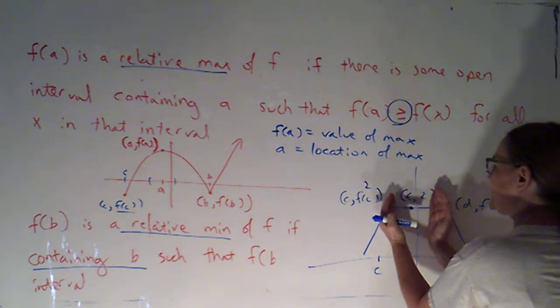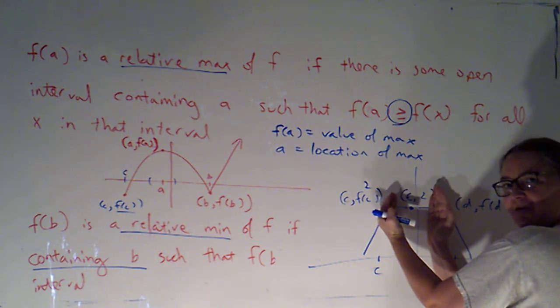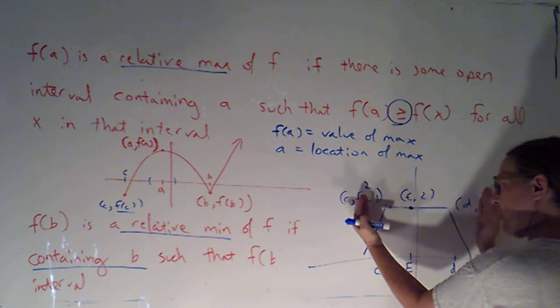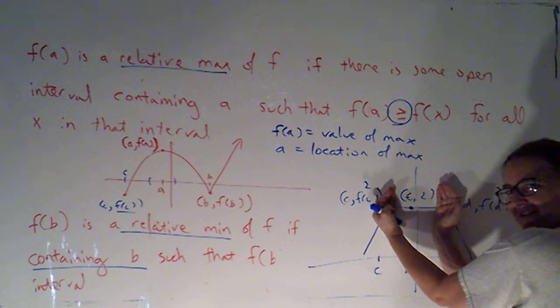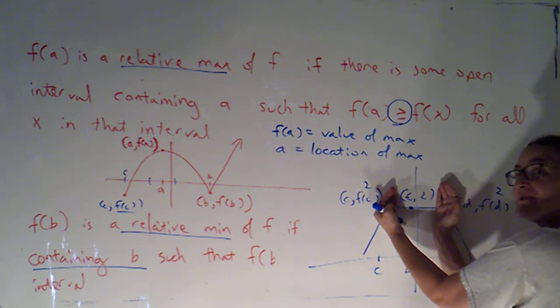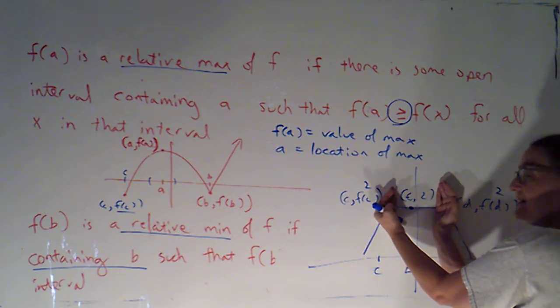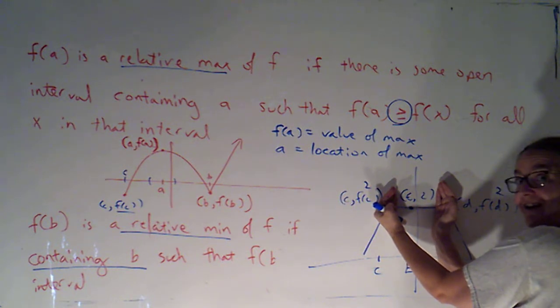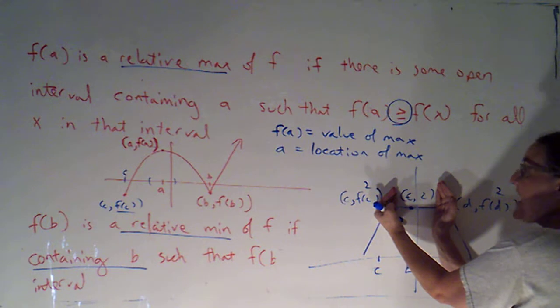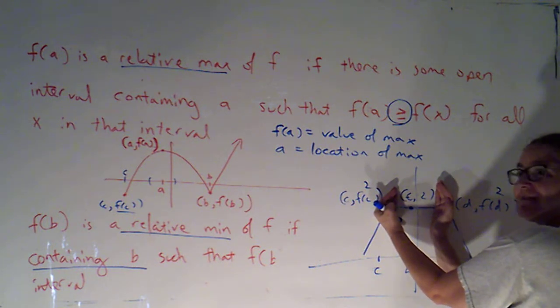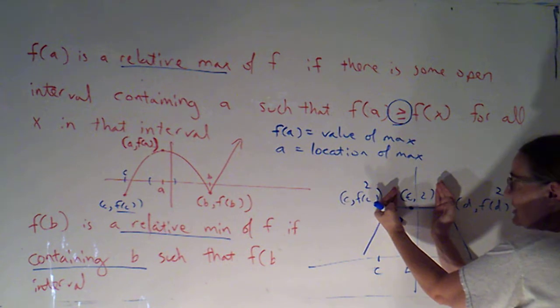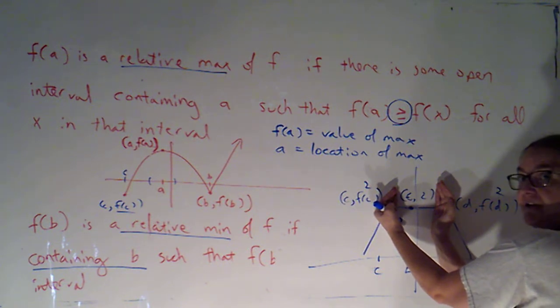Because if I look just a little bit to the left and a little bit to the right of E, as long as I don't go so far to the left and right that I'm looking over here, if I look just a little to the left and the right, I don't see anything lower. I don't see anything higher. So it's a relative min as well as a relative max, because there's nothing lower, there's nothing higher.